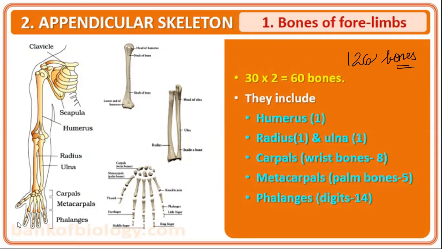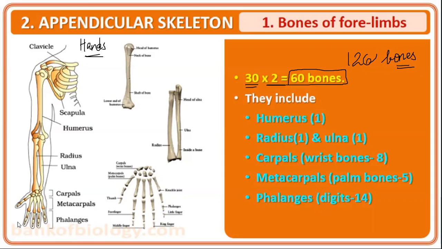In the four limbs, you have 30 bones in one limb. First, we are going to discuss the forelimb, that is simply our hands. So one forelimb has 30 bones, and two forelimbs together make 60 bones.